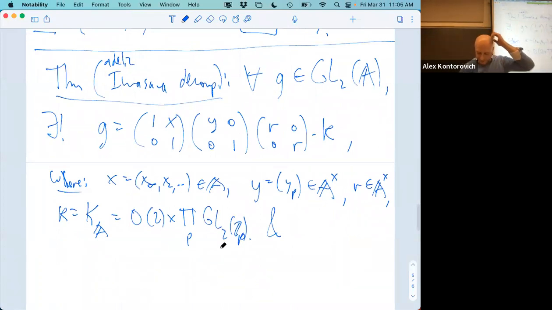Let's say R_p. The pth place of R is p to the e2 of p. I mean, there's a different e2 for each p, and e2 of p is equal to 0 for almost all p.